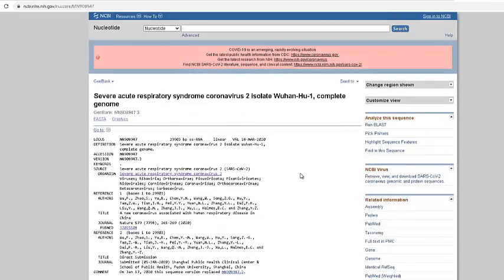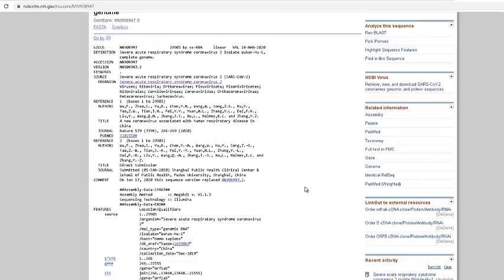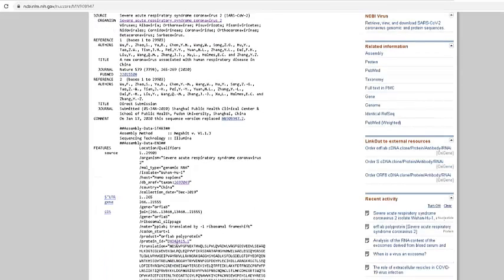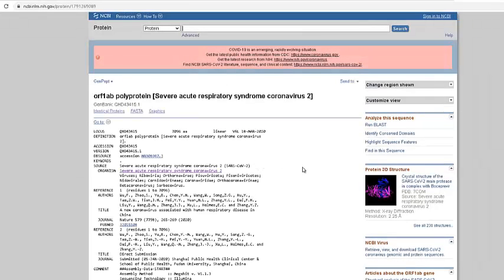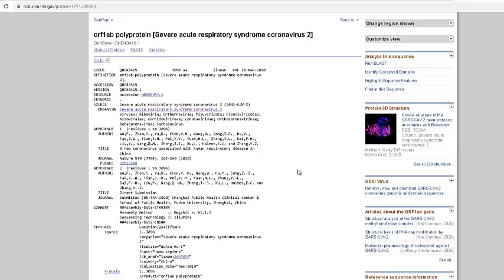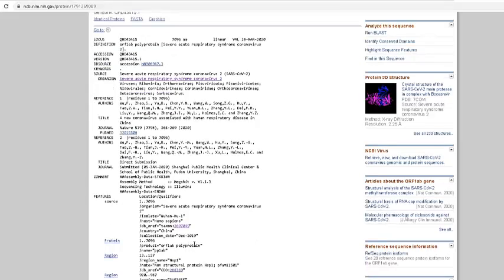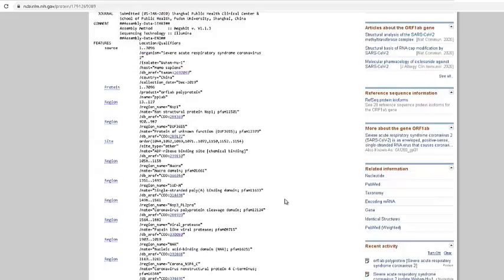I did. Ah, that's right, the protein ID. That's what I wanted to view. I forgot about that. So that's the actual structure, which they have in here. A lot of this information is not really pertinent, but you can read it. It's good information for research purposes and whatnot.